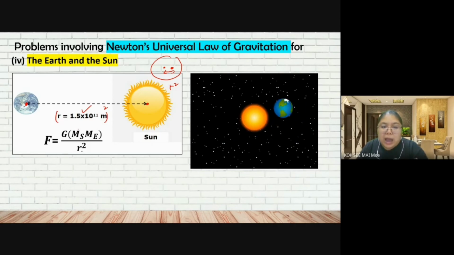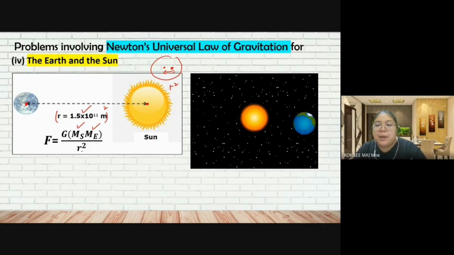When you want to find the gravitational force between the Sun and the Earth, the two masses are the mass of the Sun and the mass of the Earth. Depending on the two bodies, object 1 and object 2, you multiply the masses, then divide by the center-to-center distance.